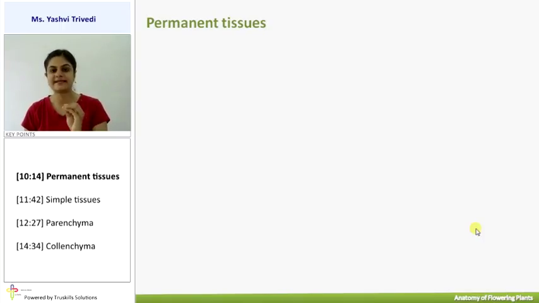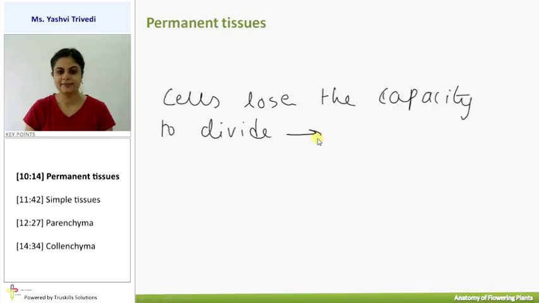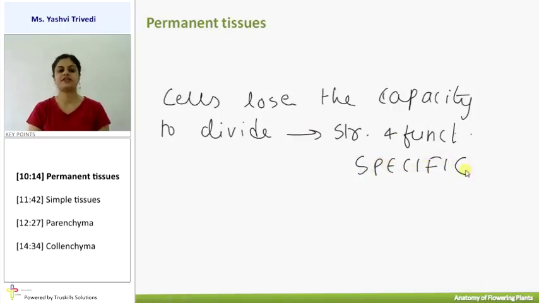Those meristematic cells which after division lose the capacity to divide and become structurally and functionally specific, those types of cells are called permanent cells, and those cells will be forming permanent tissue. So that is all about permanent tissue. Permanent tissues are again of two types.